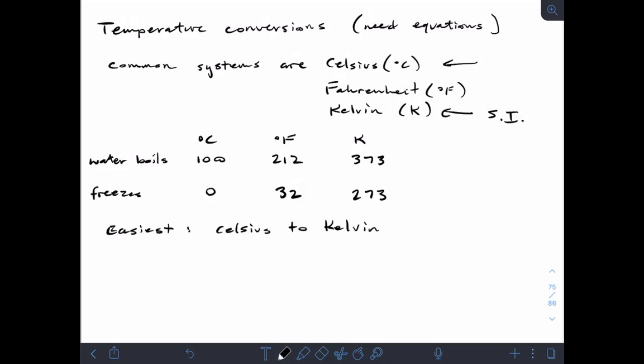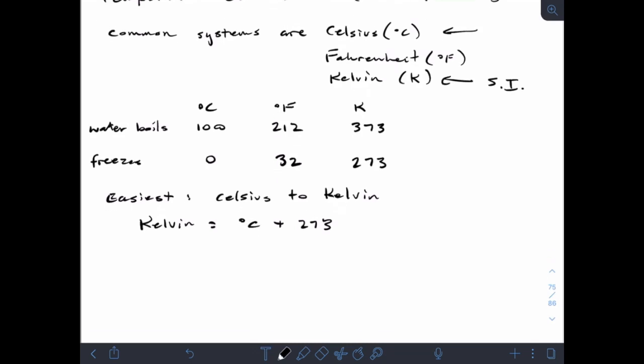The Kelvin temperature is degrees Celsius plus 273. Super easy. So if you have to convert from degrees Celsius to Kelvin, for example 25 degrees Celsius, our temperature in Kelvin will just be 25 plus 273.